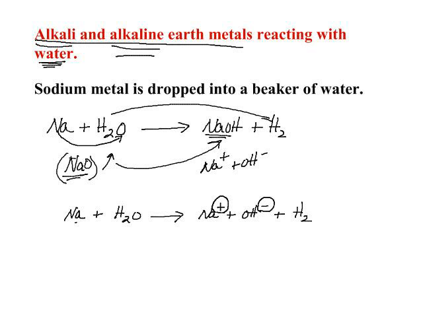We do have 2 hydrogens here and 1 hydrogen there, so we would have to balance our hydrogens. So if we put a 2 in front of the hydroxide to give us 4 hydrogens, balance this with a 2 to give us 4 hydrogens, we now have 2 oxygens and 2 oxygens and 1 sodium and 1 sodium.